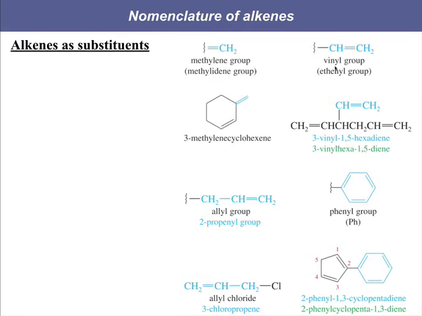It's a vinyl group. Here's an allyl group. Again, it's kind of like vinyl, but we've got 1 more carbon between the double bond and the main chain. Remember we talked about the allylic position? This carbon right here being adjacent to a double bond, that is the allylic position.